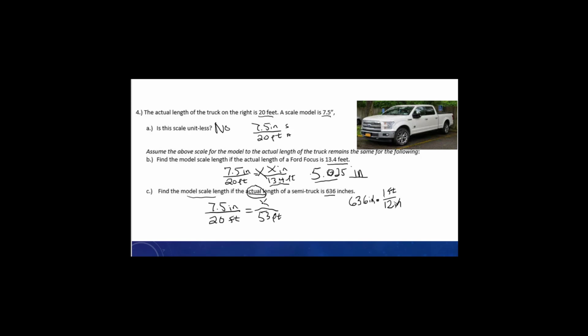Then I'm going to get an answer here for the length of the scale model. So hopefully now you can cross multiply and divide and put it on pause. And I'm getting 19.875 inches for the length of the scale model.